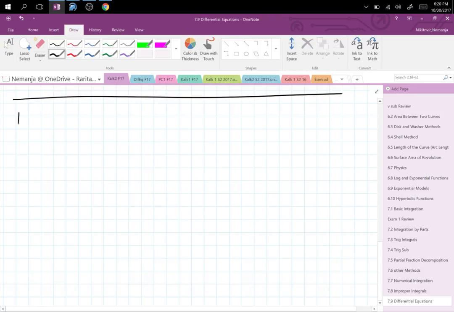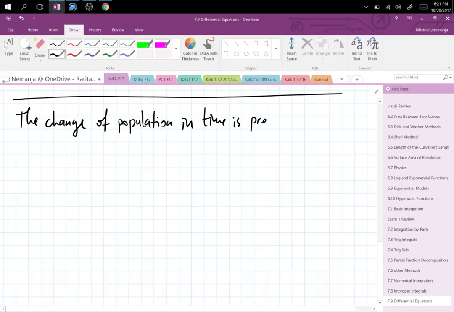So you say, the change of population in time. It's important to fit in one line. The change of population in time is proportional to population.